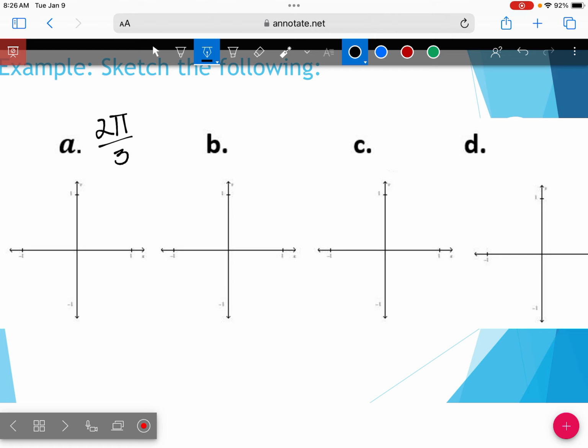And then I want you to graph 5 pi over 6. And negative 3 pi over 4. And negative 5 pi over 3. Okay. So take a few minutes and just try. Just try to graph them all so you can kind of quiz yourself if you're landing in the right quadrant. And then we'll go through it together in about 2 minutes.